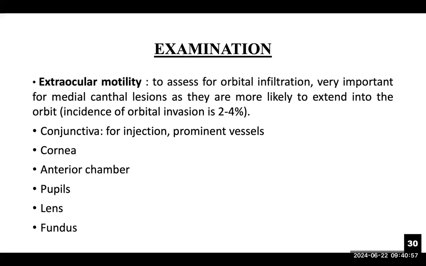And this is very important for medial canthal lesions, as they are more likely to extend into the orbit. Then I would check the conjunctiva and the entire eye and globe for any abnormalities. Usually, basal cell carcinomas tend to be confined to the eyelid, so these structures may be essentially normal.